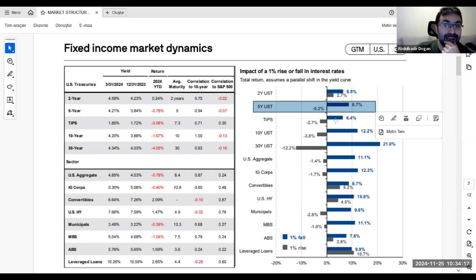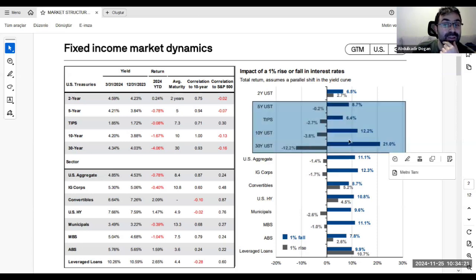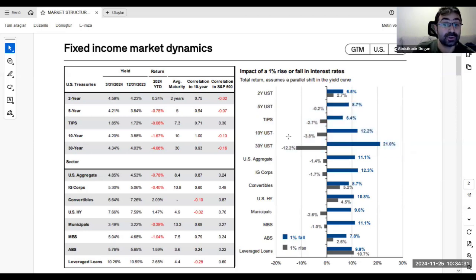What we see here, as the maturity increases, an increase or a decrease in the United States policy rate makes higher volatility in the longer term asset, as you see here. If it is short term, it is just 2-5%. But if it is long term, it is like 12 or 20%.